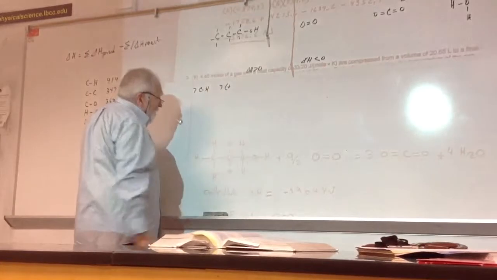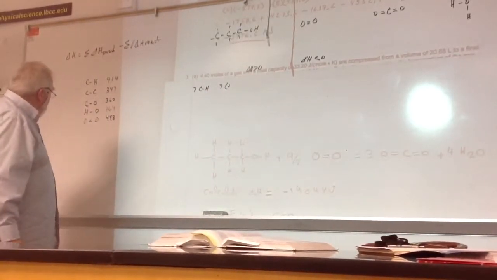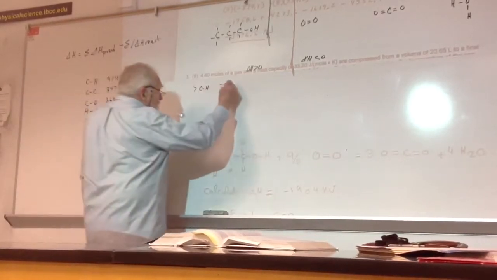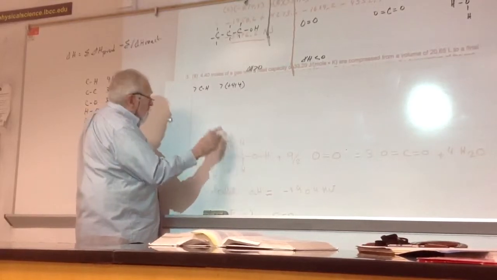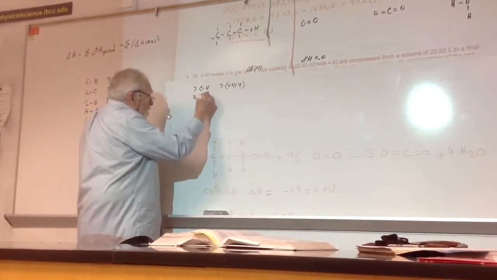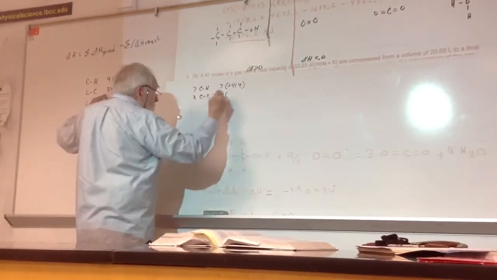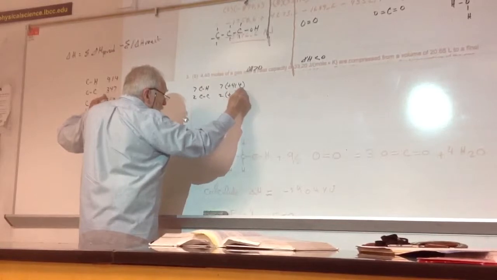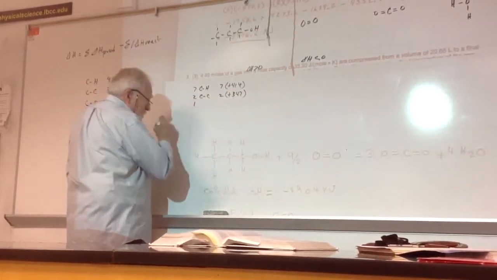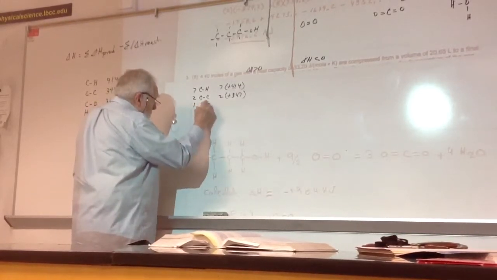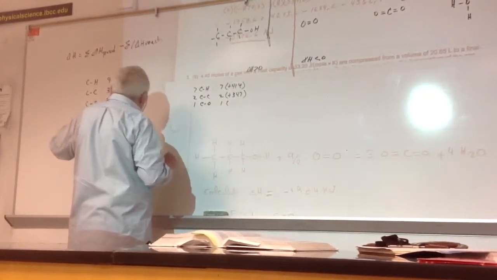In fact, that's how I do it when I set up the solution so that I can see what everybody did. And so I say 7 times plus 414. I have 2 carbons, so I go 2 times 7. I have C-O, so I have 1 times, I look up C-O.